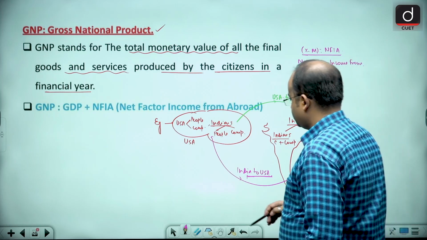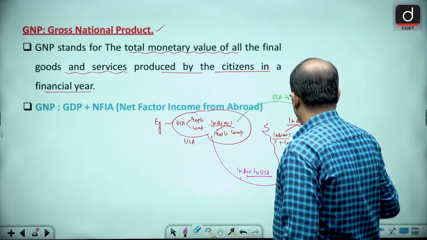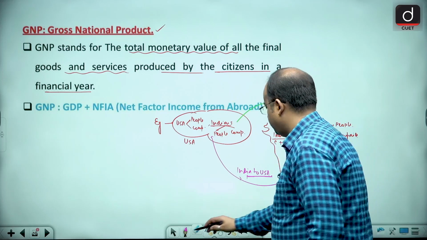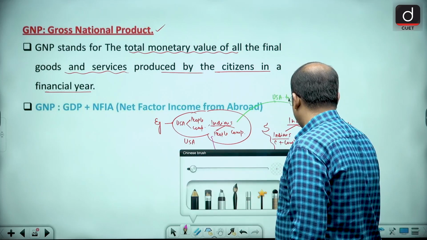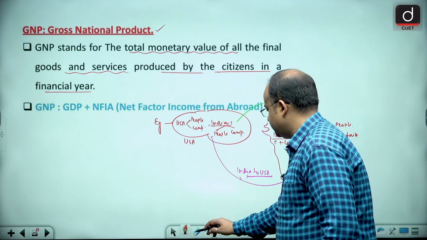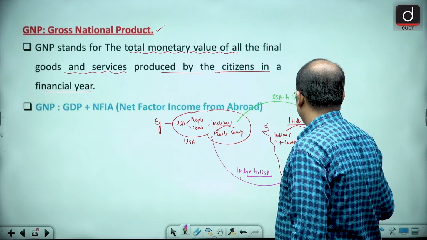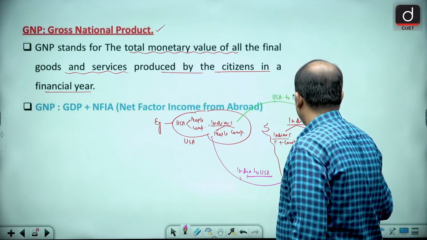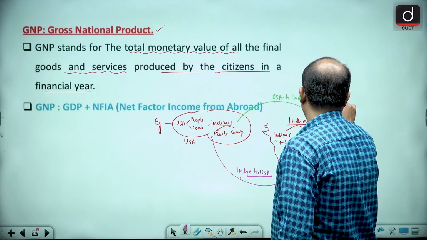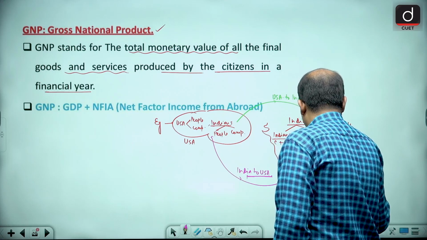This is called inflow and outflow of money. Better to write inflow and outflow of money so that you do not get confused. So this is called inflow and this is called outflow.